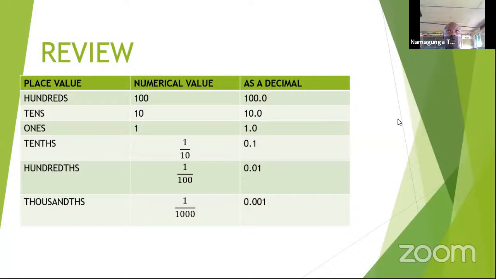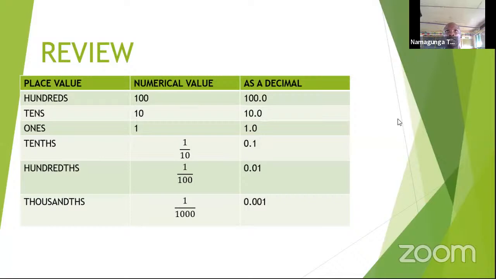The place value of the second digit on the right of a decimal point is hundredths, which means 1 out of 100, and as a decimal is written as 0.01.